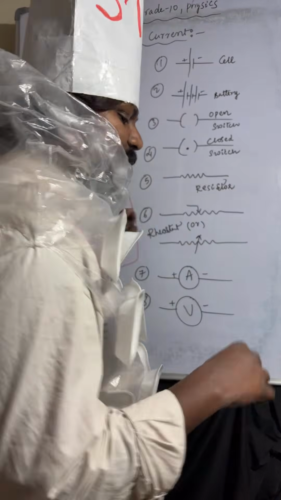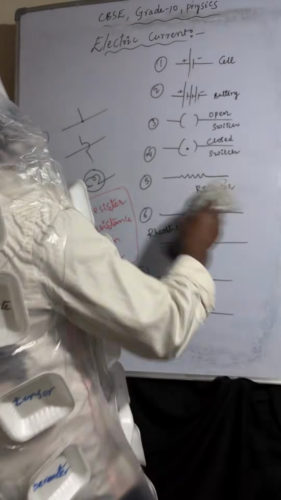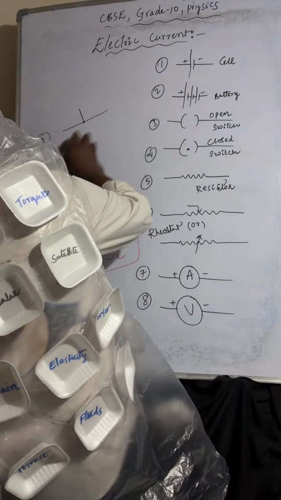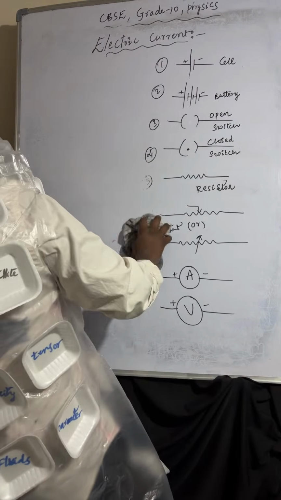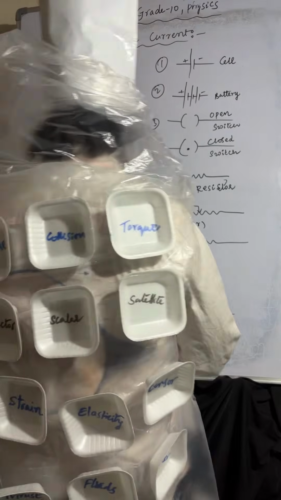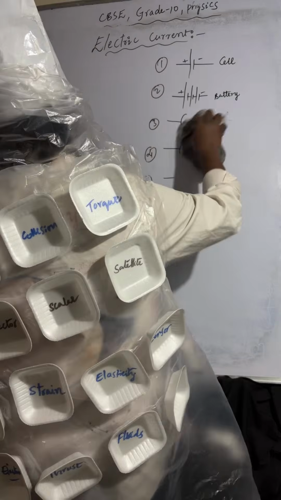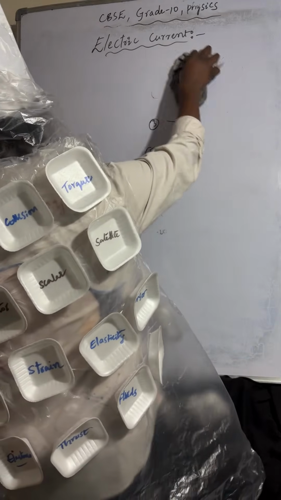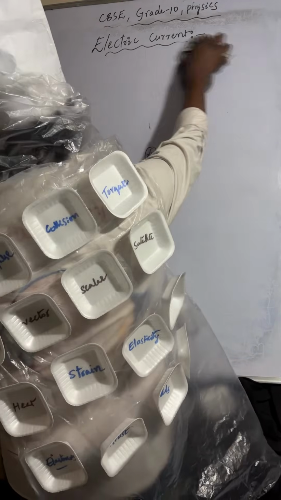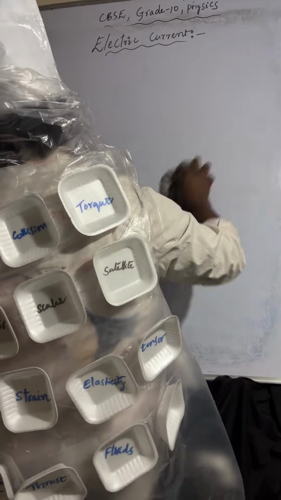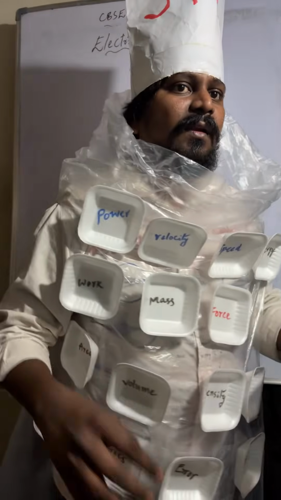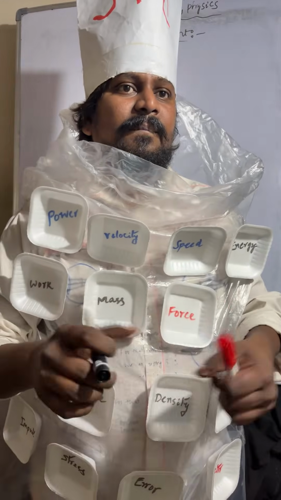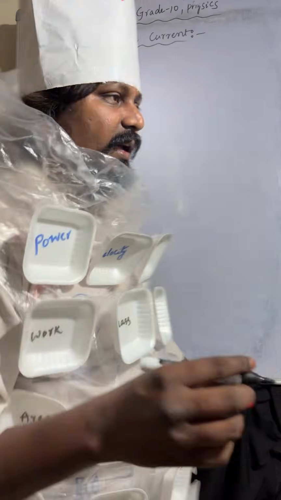Okay, so it must be a closed path. Now you can see here an electric circuit.